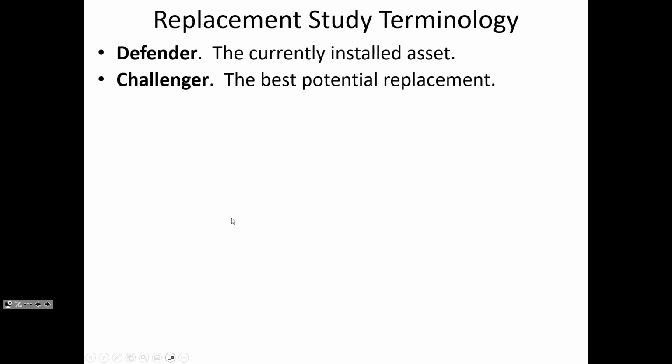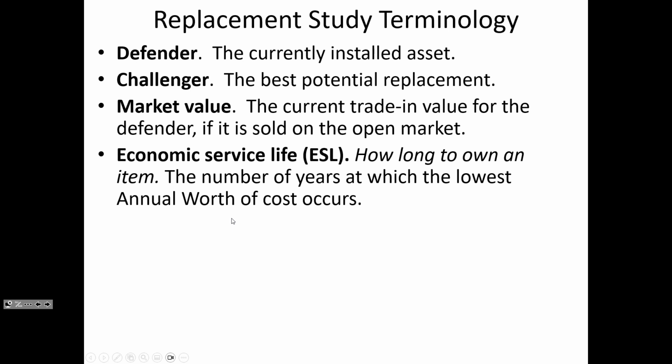So if you own a car that's starting to break down and you're thinking about replacing it with a new vehicle, you'd prepare an economic service life figure for both of them, and you'd find out what's cheapest. Is it cheapest to own your car for 1 more year? Is it cheapest to switch to the new car and keep that for 7 or 8 or 9 years? So a replacement study would just do the economic service life analysis for two different alternatives.